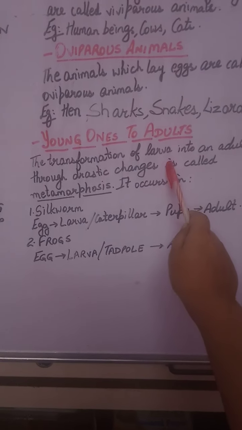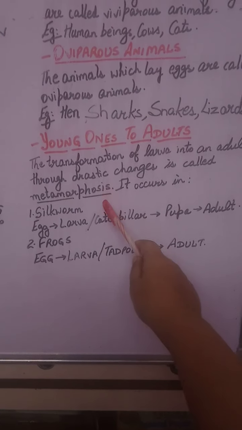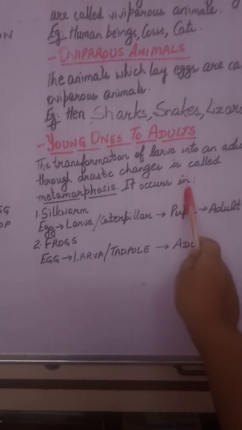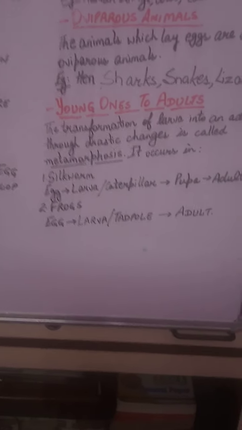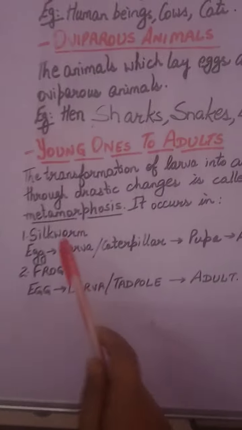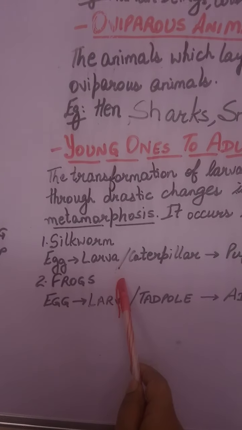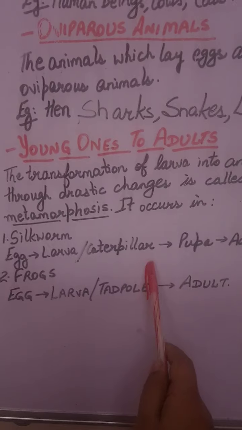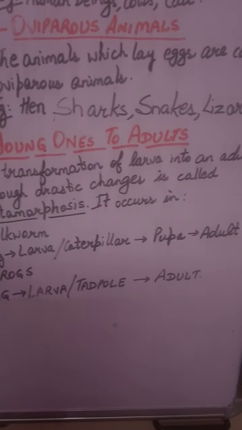So the transformation of larva into an adult through drastic changes is called metamorphosis. It occurs in silkworm as well as frog. Silkworm development you have studied in class 7th. In this process, the eggs are released. From the eggs, larva or caterpillar is released. After that, the pupa is formed, and then the adult is formed.